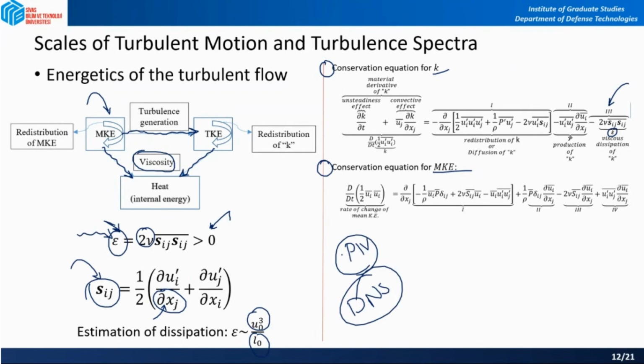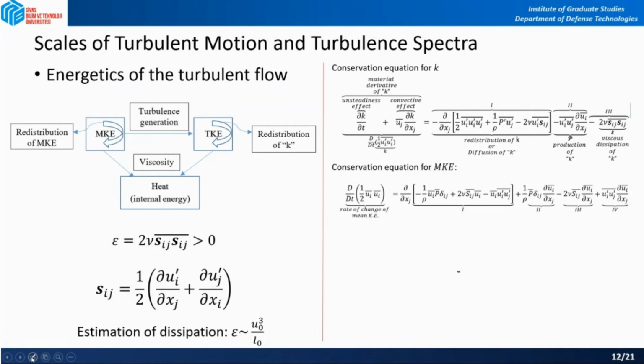For example, in K epsilon model, there is a transport equation for epsilon, which is not a theoretical equation.